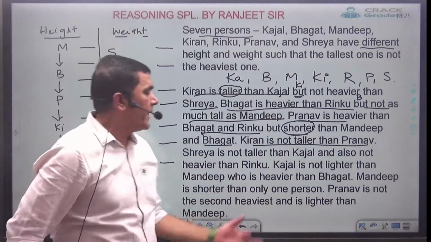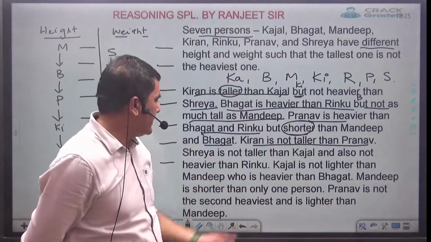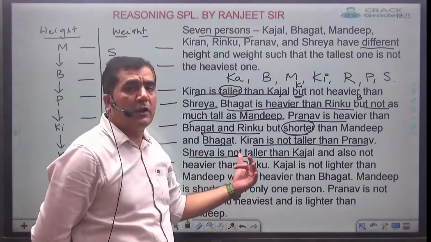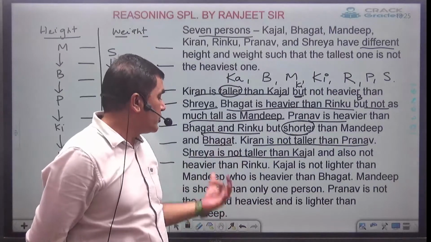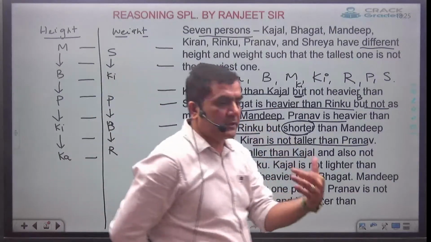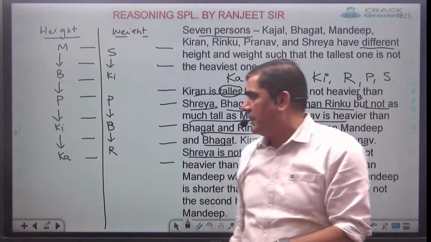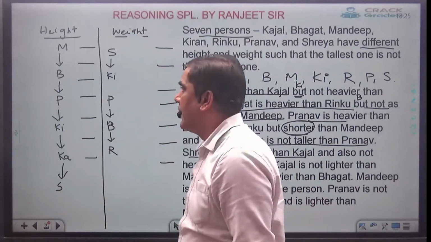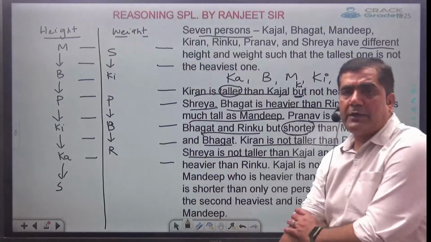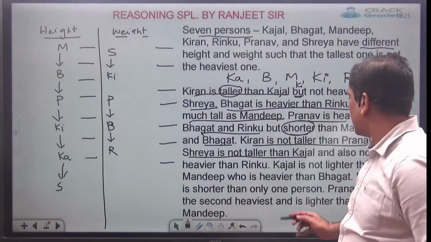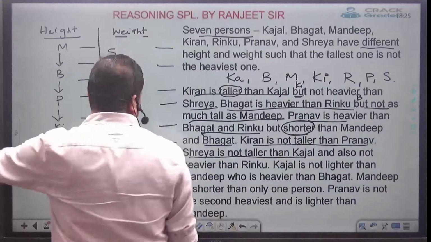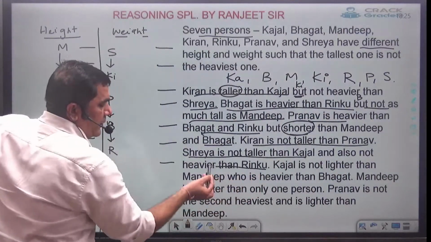Okay, next one. Kiran is not taller than Pranav. We have done this. Shreya is not taller than Kajal. Now they are saying Shreya is not taller means Shreya should be shorter. So Shreya should be below Kajal. So Kajal is over here, and below Kajal should be Shreya. Shreya is not taller than Kajal and also not heavier than Rinku.